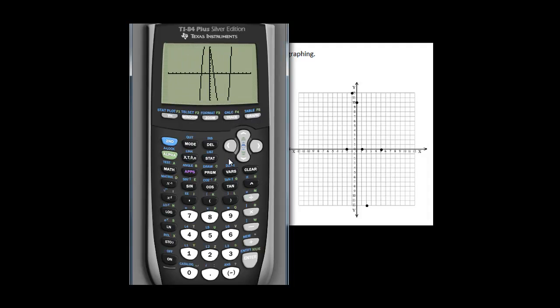So let's just take a peek at the graph again, just so we have an idea of what's going to happen here. So it's going to go up, go through this point, go down through that point, and then back up again. We could find the relative max here and the relative min here.